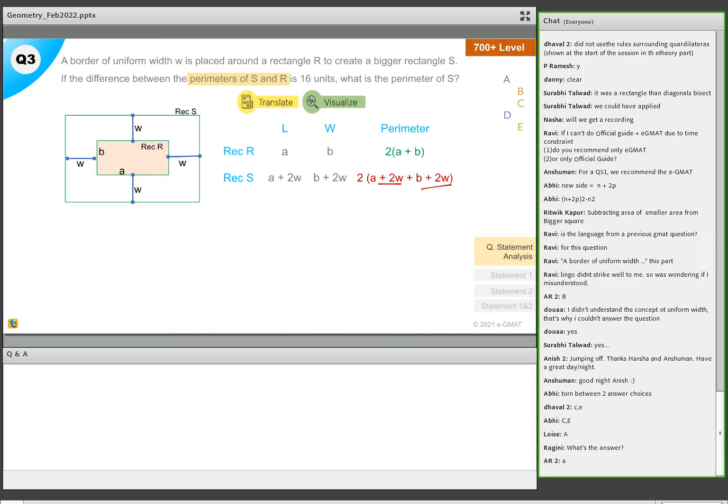So far so good. Now we know that the difference between these two perimeters is 16 units. So if you put that in other words, perimeter of the bigger rectangle minus perimeter of the smaller rectangle is 16 units. Did you guys simplify this? You can actually find out the width. How many of you found out that this w equals 2 before you went to statement 1 or statement 2?